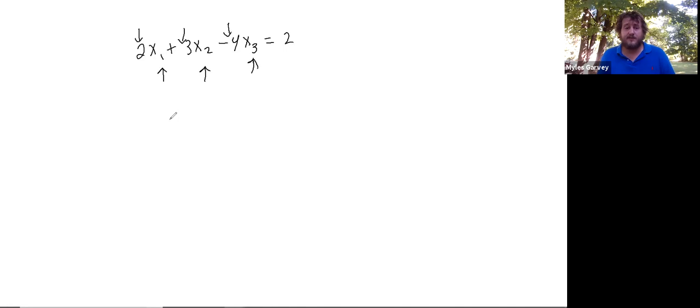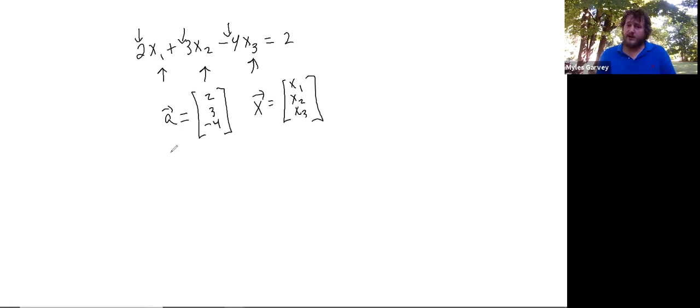So if I let the vector A equal 2, 3, and minus 4, and I let the vector x represent x1, x2, x3, then you'll notice that this is nothing more than the inner product of A and x, because if you take the inner product of A and x, you take the transpose of A, and you get 2, 3, minus 4.